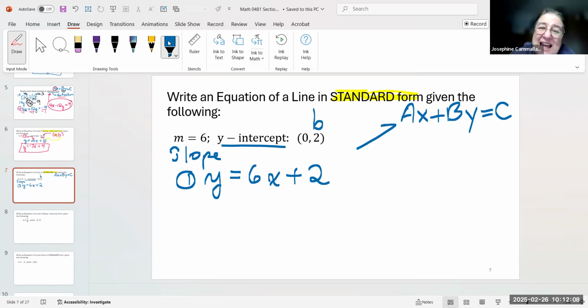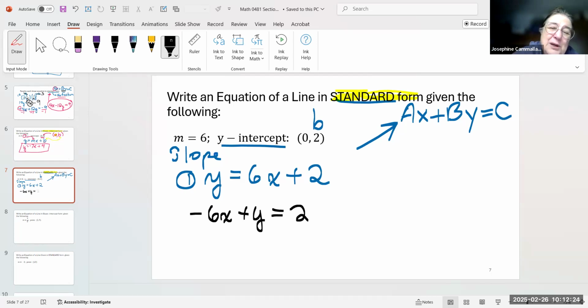But that is not standard form. That means I'm going to put -6x in front of my y equaling 2 because it's got to fit this form.